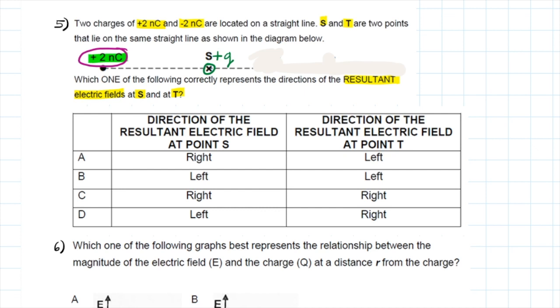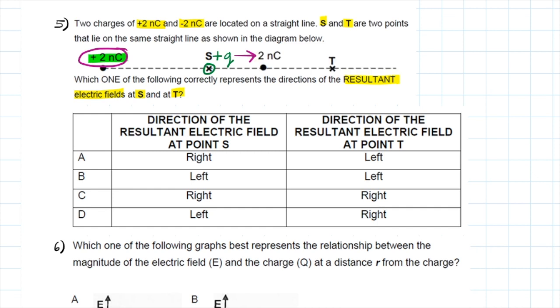Since positive repels positive, we know that the test charge is going to move towards the right. So we either answer this by using a positive test charge, or we draw the electric field surrounding the positive 2 nanocoulomb charge, and we see that at S it's going to point towards the right, because electric field lines always point away from positive charges.